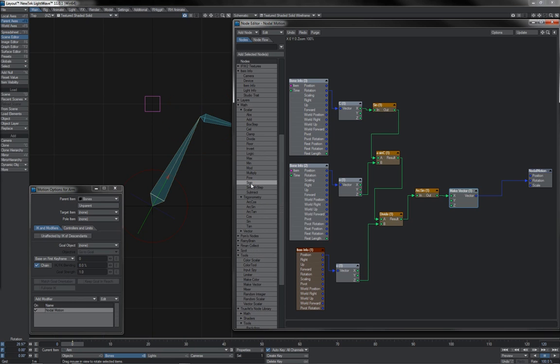Easily done with a sign node. And no, we're not talking about sine, we're talking about the plus minus switch sign. I know it is a bit of a pain them having the same name, but there you go. If I take the result of my whole trig thing here, plug it into that, goes from positive to negative, plug that into X. There we go. Our upper arm is correct.